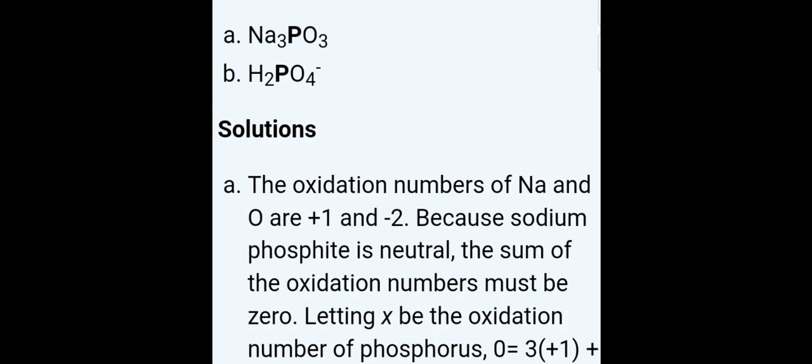One more method. Na3PO3. The question is to find the charge on phosphorus.